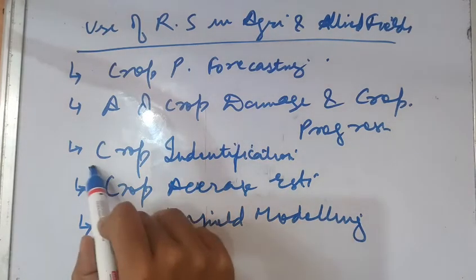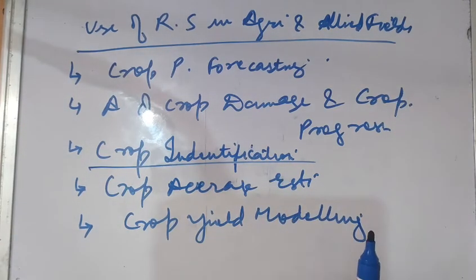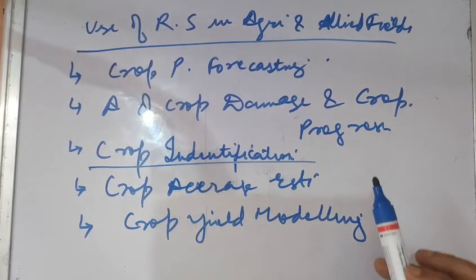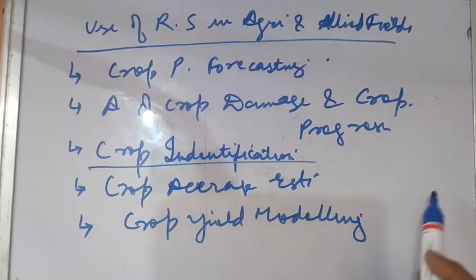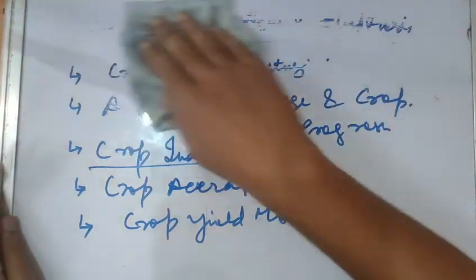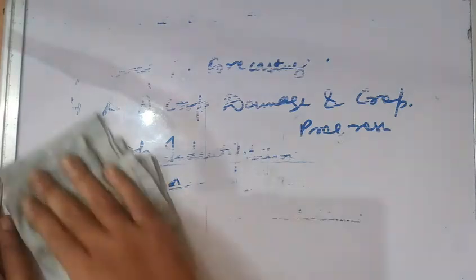So how is it helpful in crop identification? Every crop has its own properties, its own reflectance indexes. So using those properties, remote sensing gets some unique properties of that crop.